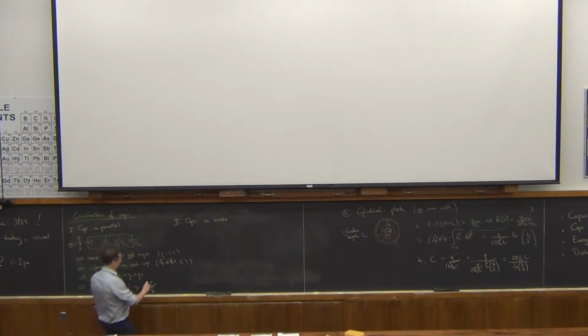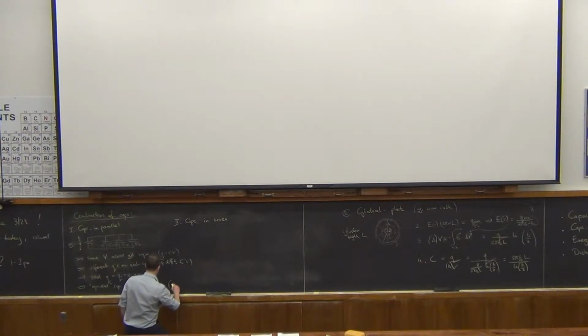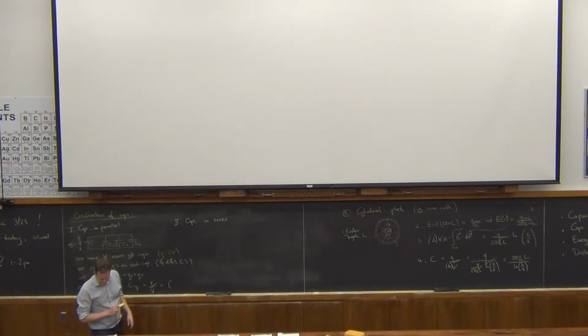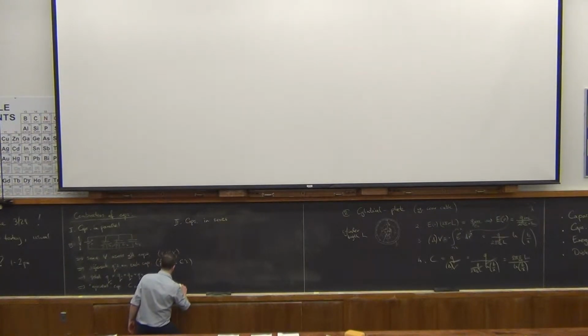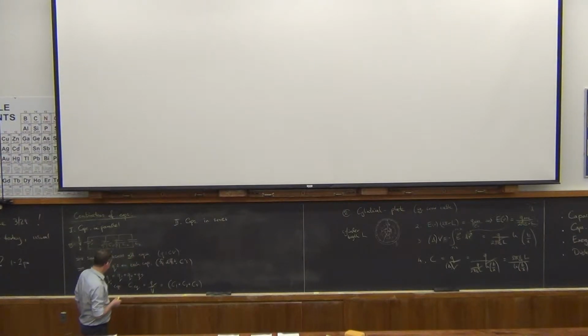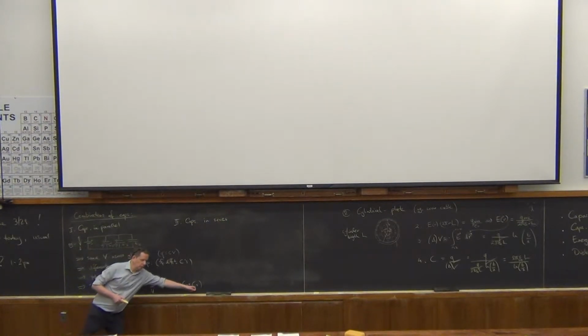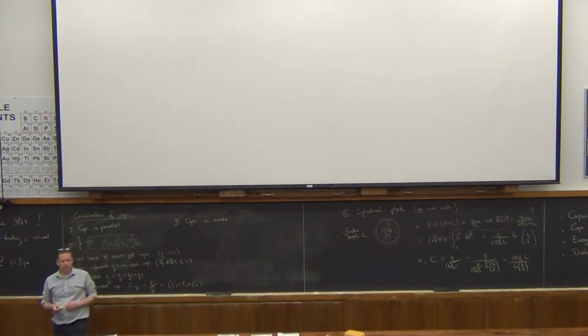And so in this case, this is just C1 plus C2 plus C3, right? So, pretty straightforward. I've got this separated out into individual constituents. And if I just divide this by V, I can write this as C1 plus C2 plus C3.